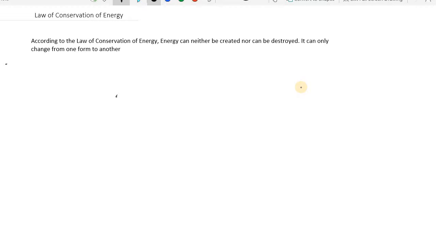Let us take a body of mass m, which is at a position A at a height of h from the ground.